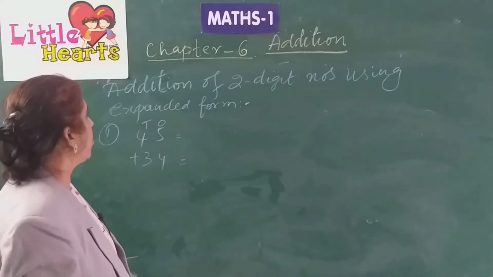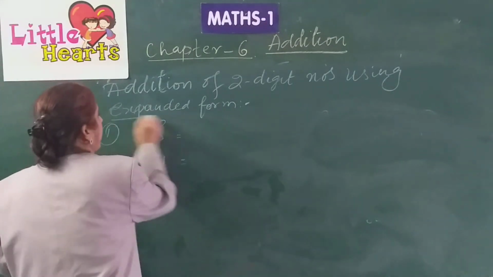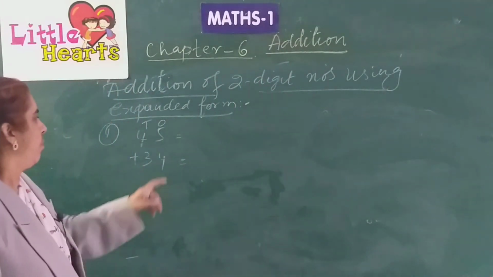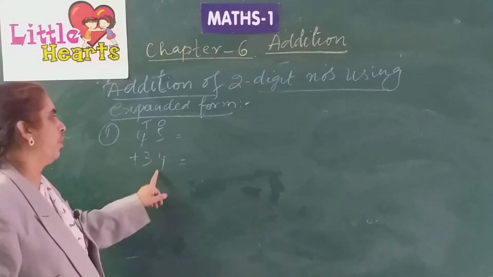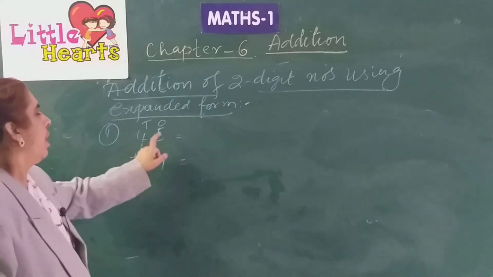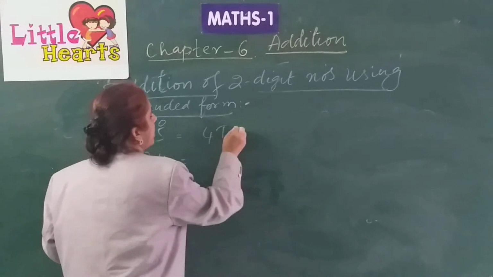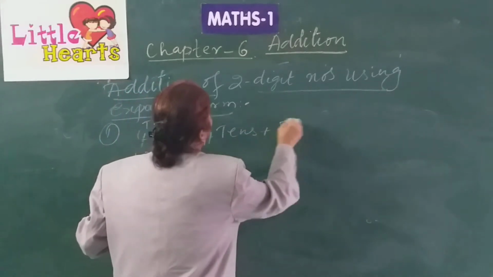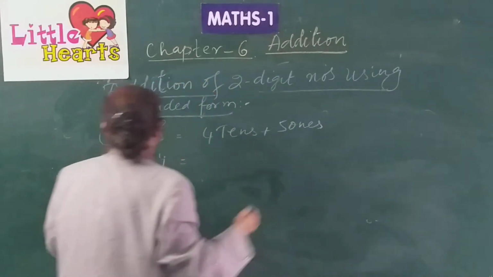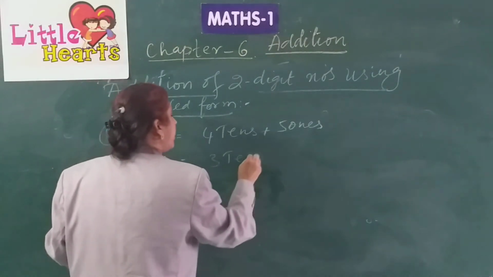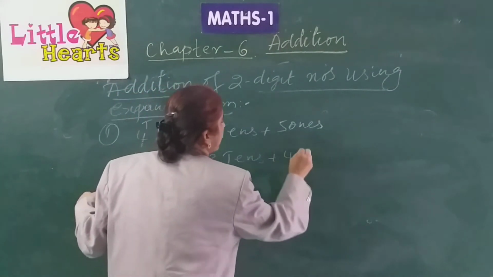Yes, children, let us go with addition of 2-digit numbers using expanded form. 45 plus 34. In 45, how many ones and how many tens are there? 4 tens plus 5 ones. 34: 3 tens plus 4 ones.